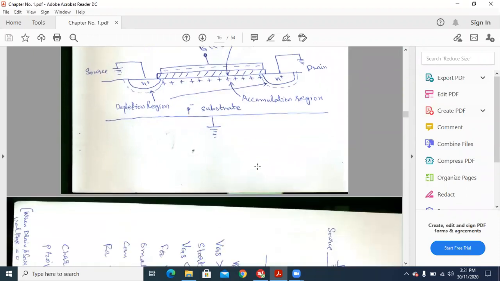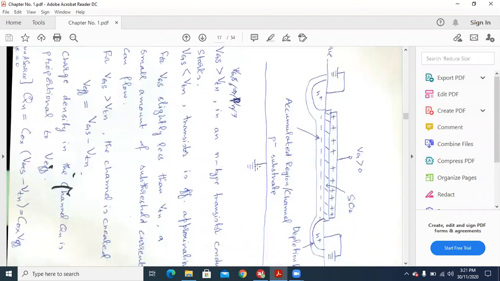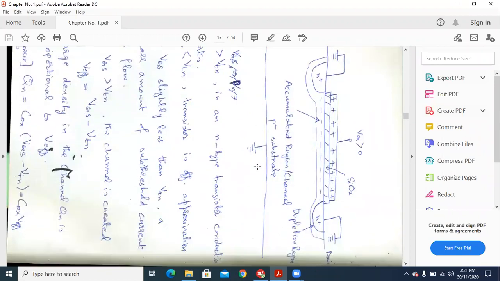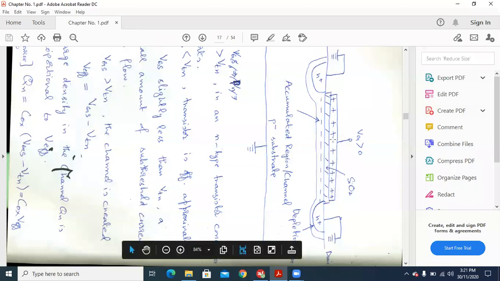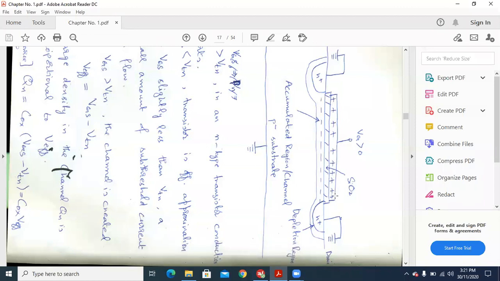When we apply a gate voltage greater than zero, this is the inversion of the charge carriers. These are the positive charge carriers, and these are the negative charge carriers.